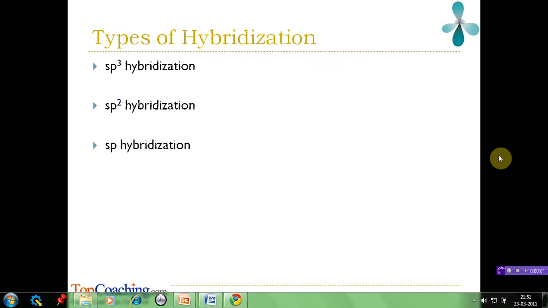On the basis of the atomic orbitals participating in hybridization, we can classify hybridization into three major types, which is of interest to us as related to carbon atom. These are sp3 hybridization, sp2 hybridization, and sp hybridization.